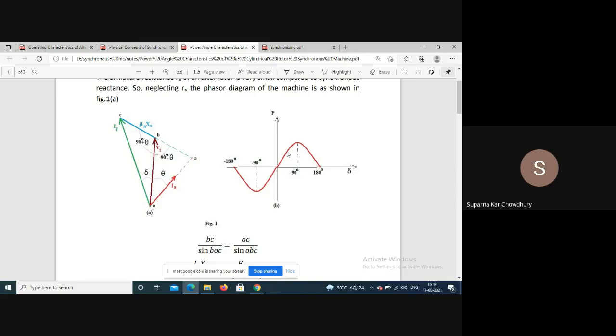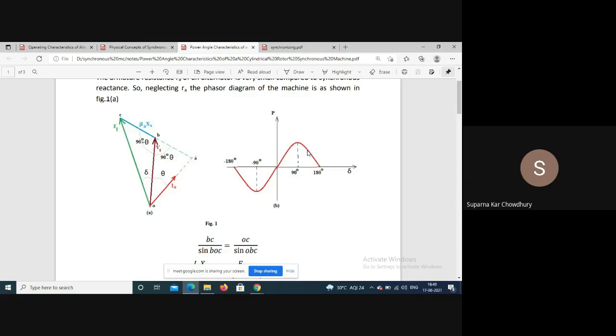Now if the load increases suddenly, the machine rotor will slightly lag behind and angle delta will increase. The machine will try to deliver the excess load. If it is operating in this region, as delta increases, power developed will increase, so the machine will supply the excess power.